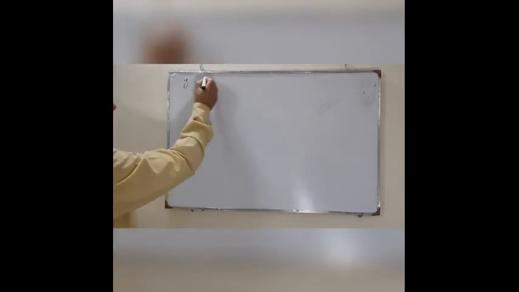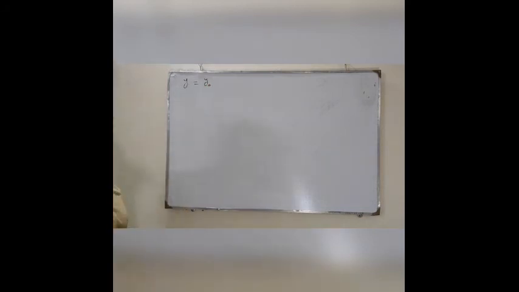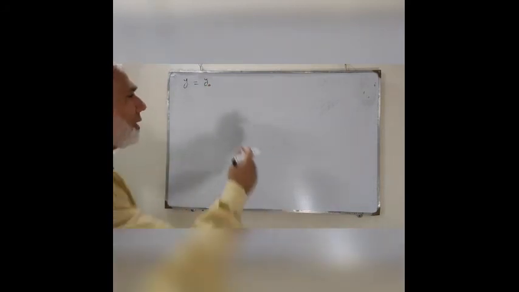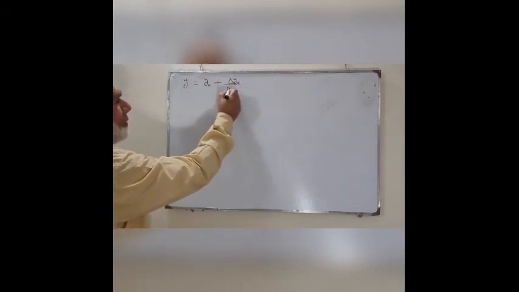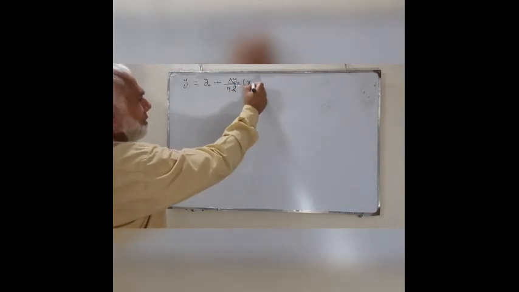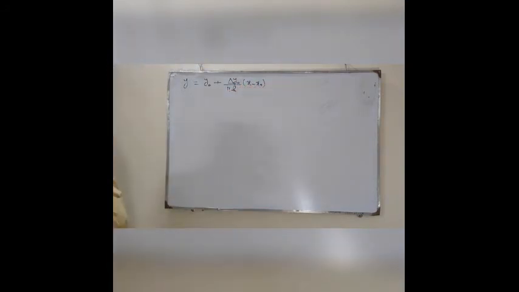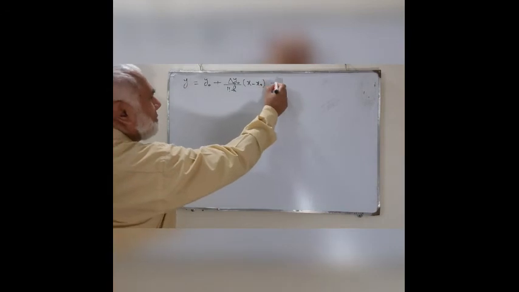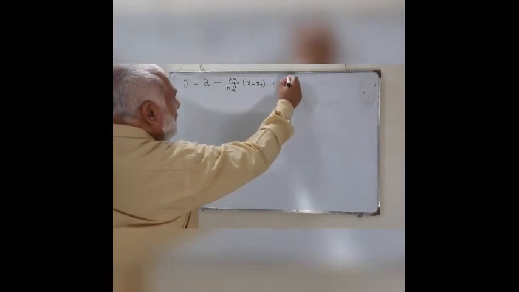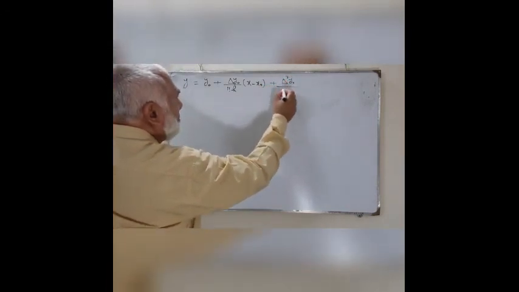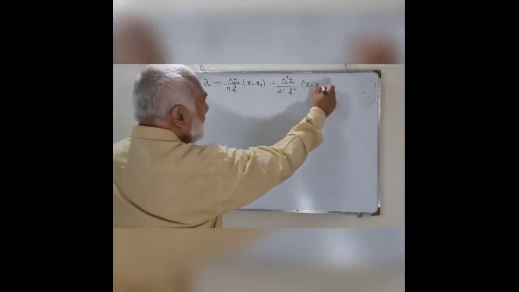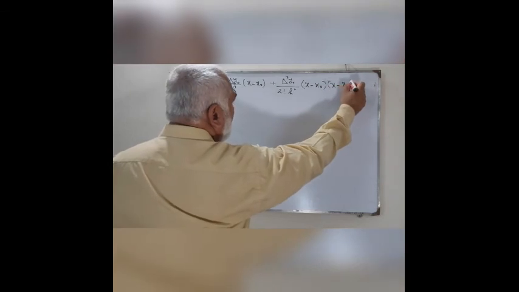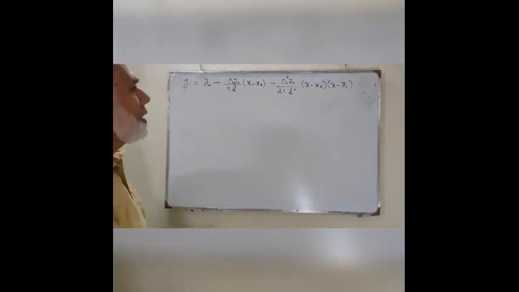So the result takes the form y is equal to a0. A0, which we have just calculated, is equal to y0. So I have replaced a0 by y0 plus a1. A1 is del y0 over 1 factorial times h along with x minus x0. The next term will be plus del 2y0 over 2 factorial times h square, x minus x0 and x minus x1.